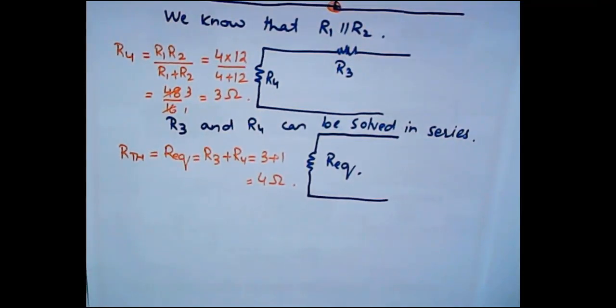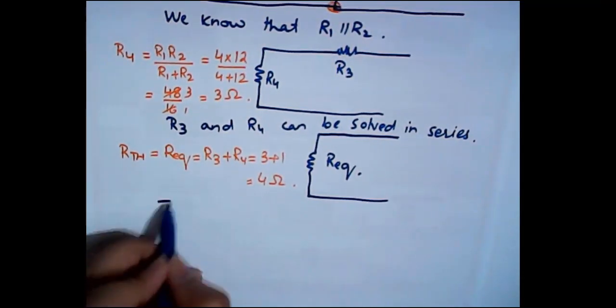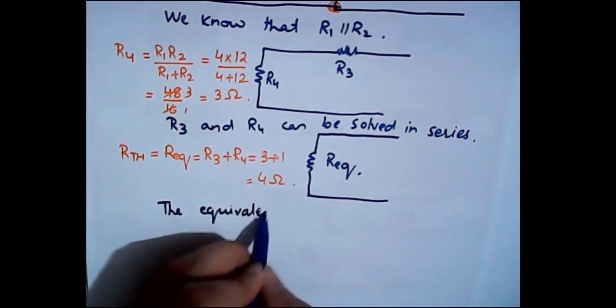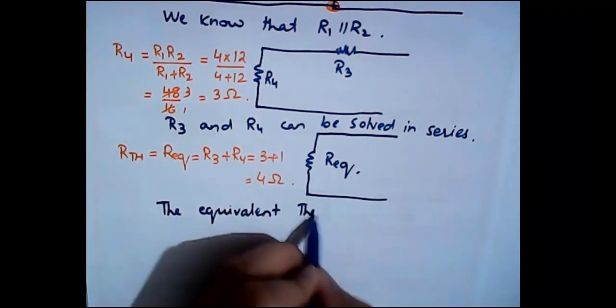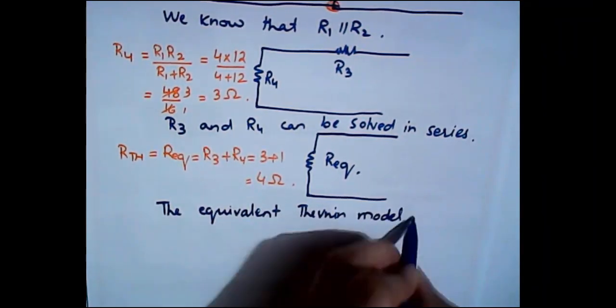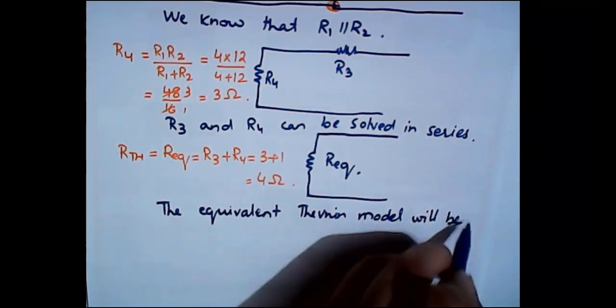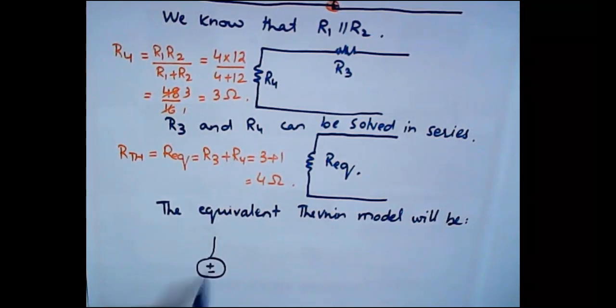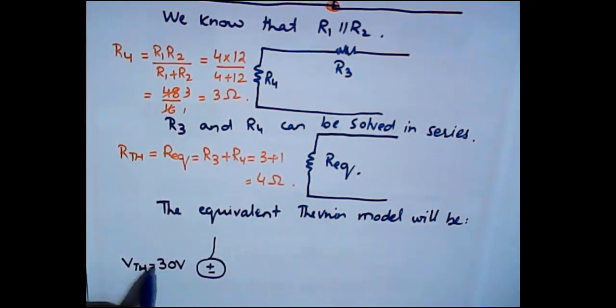And the equivalent Thevenin model will be that we have a Thevenin voltage source, VTH is equal to 30 volts.